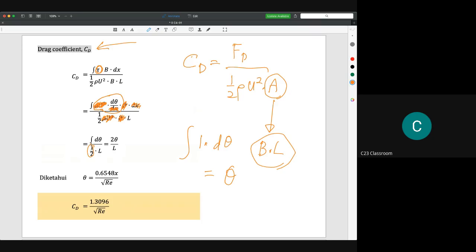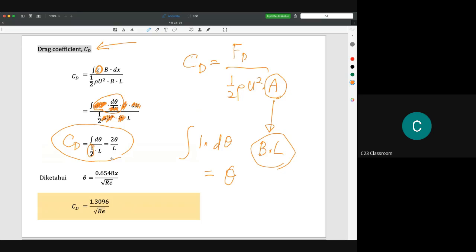So you will have CD, which can actually be calculated by multiplying u with theta and L. This is another equation for you to calculate the drag coefficient for a laminar boundary layer, whether it is the Blasius solution or with a certain velocity profile.